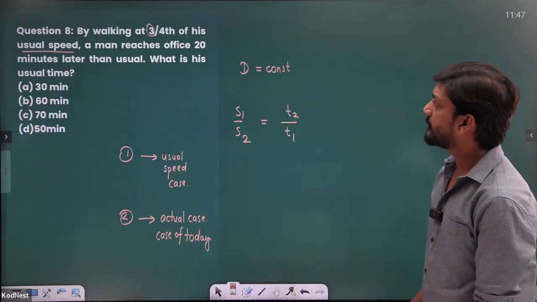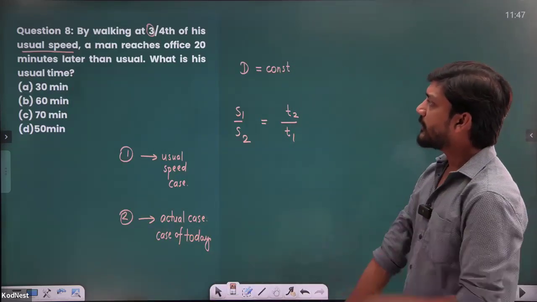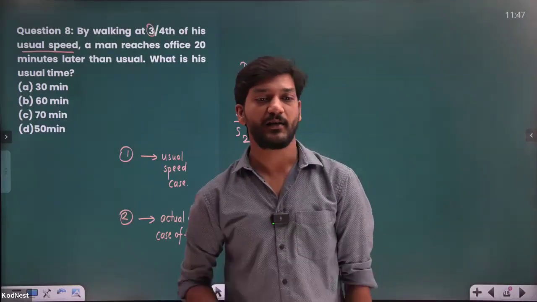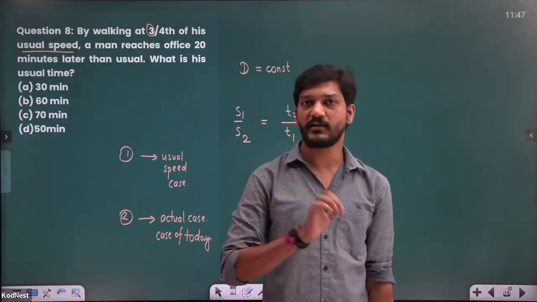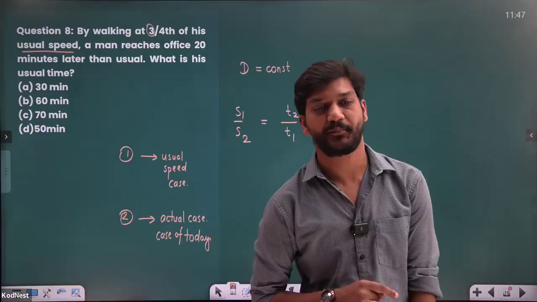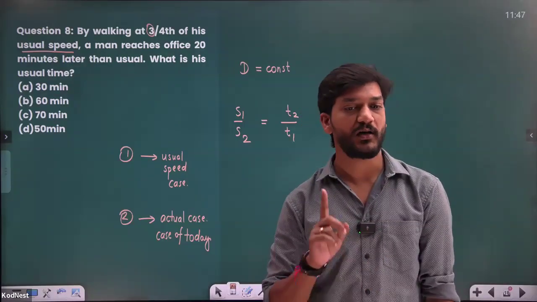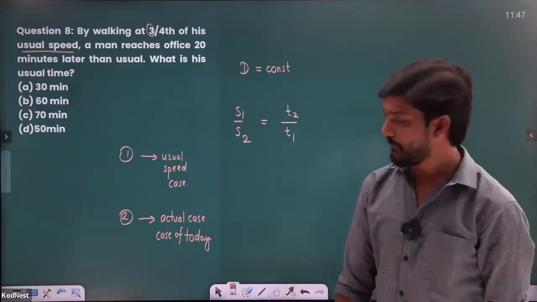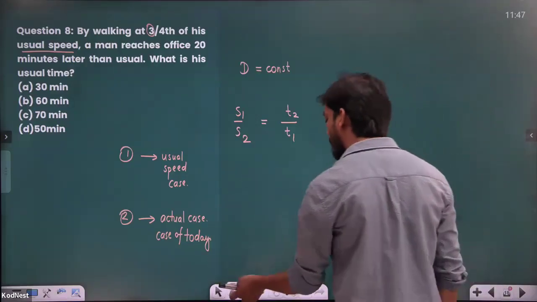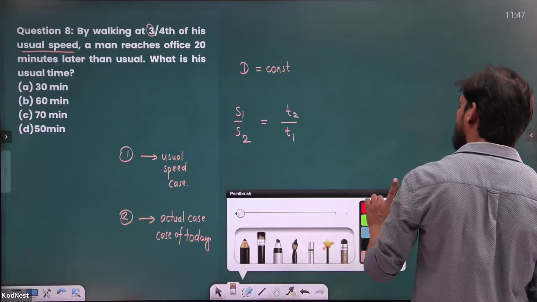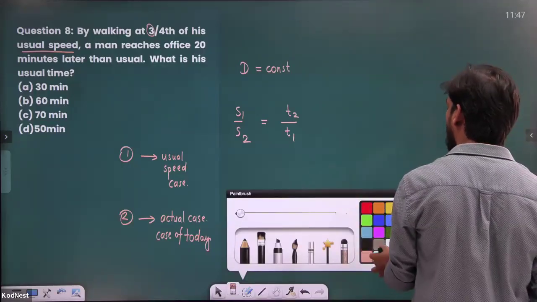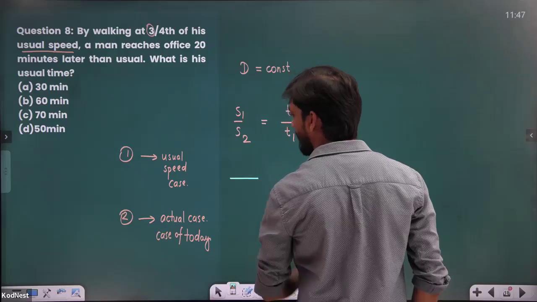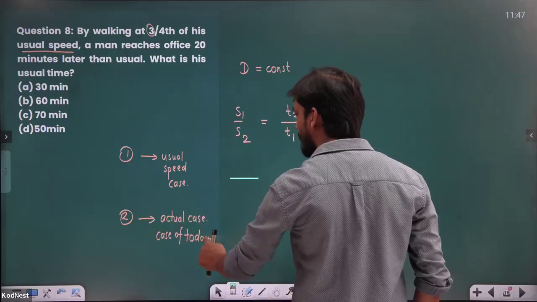Okay. Carefully answer. 3/4 of usual speed, that is your speed of today. Is it more or less than the usual speed? Less. 3/4 is less than 1, so less. Second means speed of today.